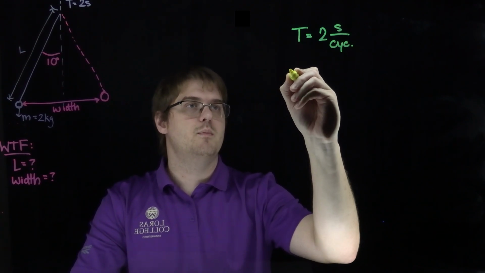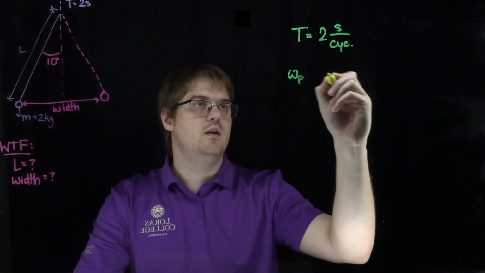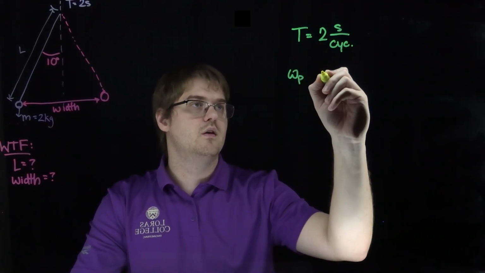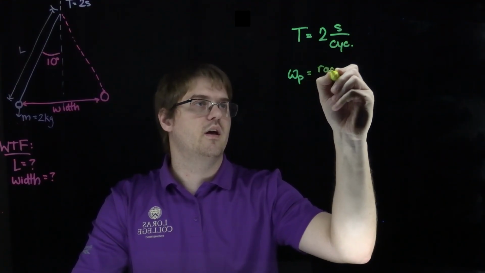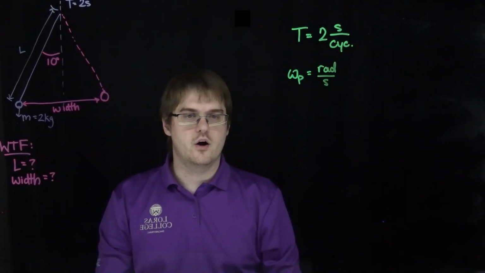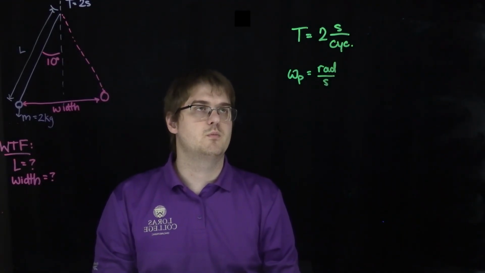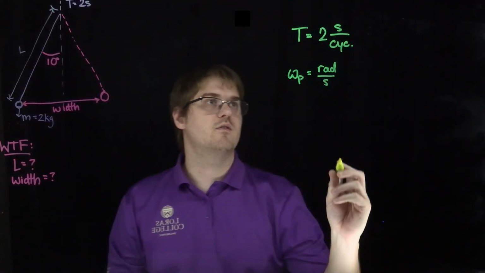So our omega pendulum is what we want. And our omega pendulum is going to be in radians per second. So we need to change our period into radians per second. In order to do this, we're first going to have to flip it over.